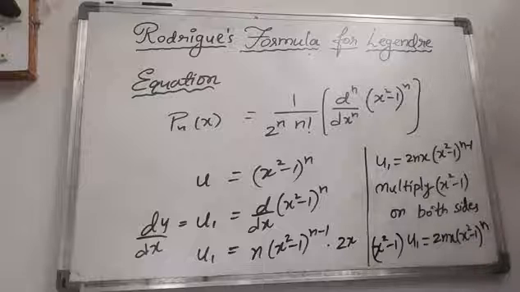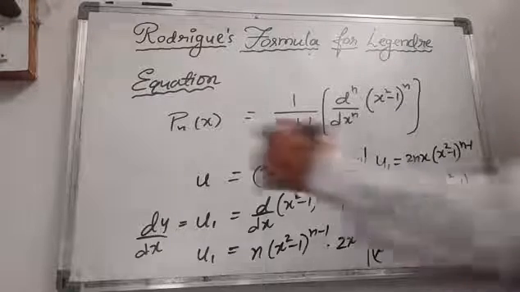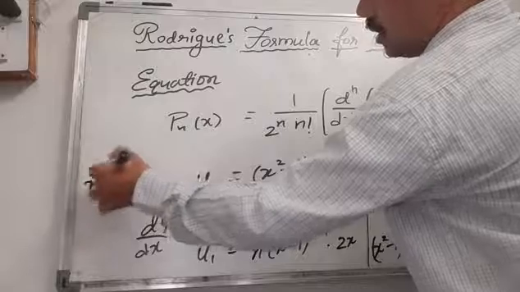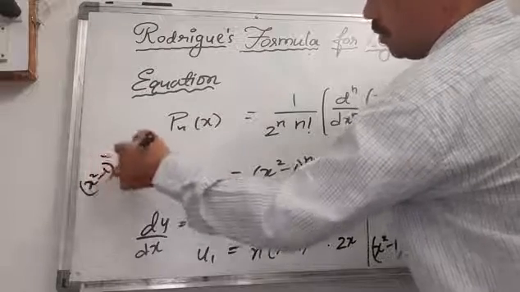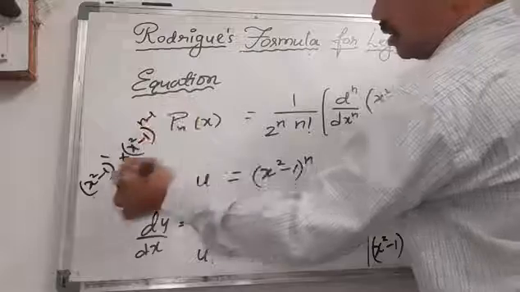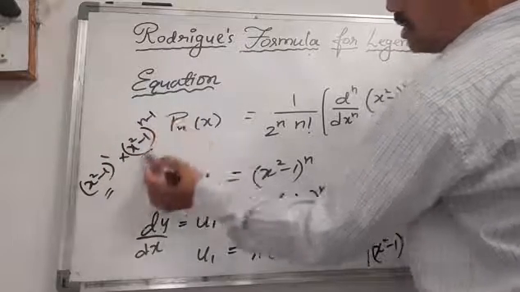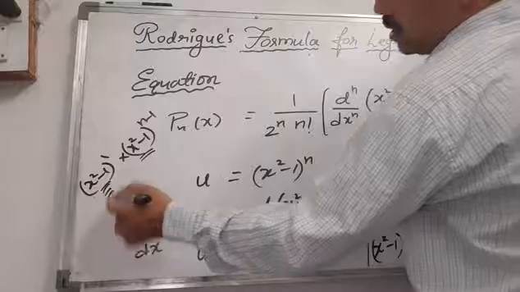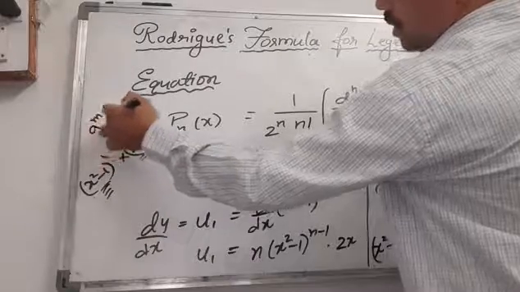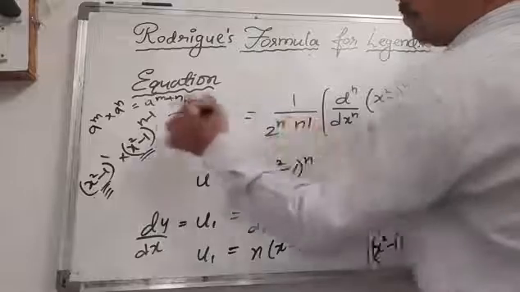n. Because if I multiply x square minus 1 for this one, what happened? x square minus 1 whole power 1 into x square minus 1 whole power n minus 1. So what we will get? This is plus 1, this is minus 1. Bases are equal. That is a power m into a power n is equal to a power m plus n.